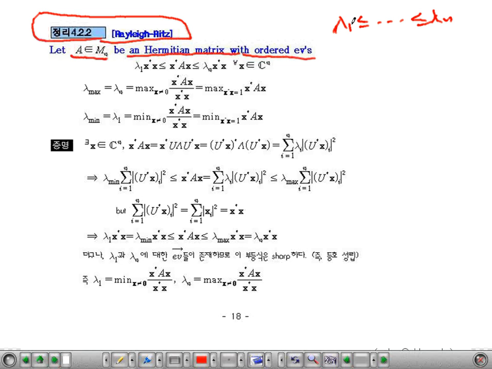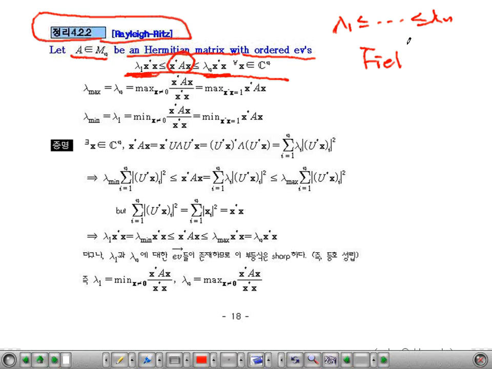Suppose we have n eigenvalues and they have that order. Since it's a Hermitian matrix, all eigenvalues are real. Then we know all this value is bounded, with a lower bound and an upper bound of this form.